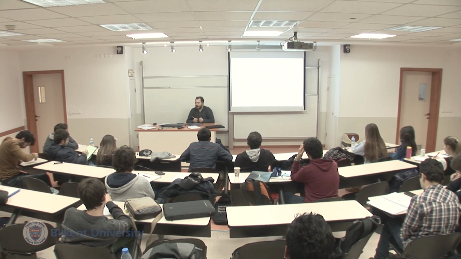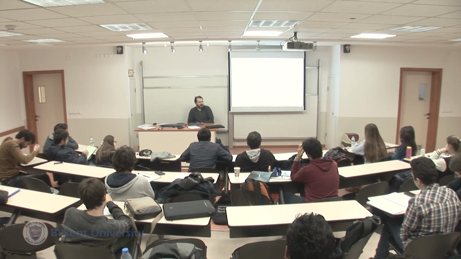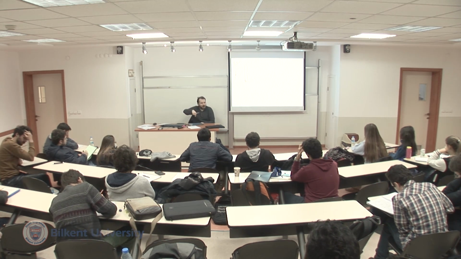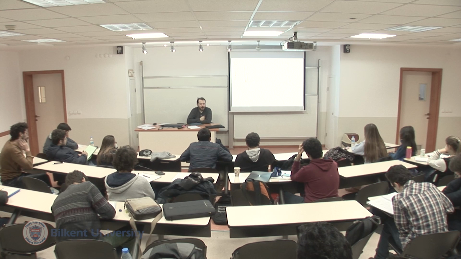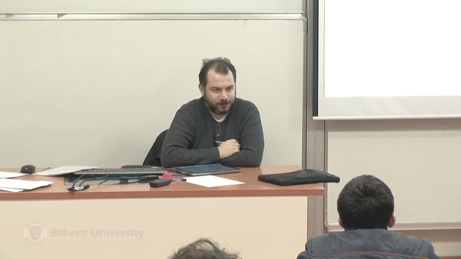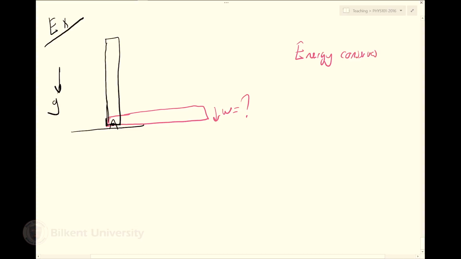Obviously not conserved, because there is the pivot point which is giving some forces, which is not only canceling mg, but it's also canceling the lateral motion, right? So the only thing I actually have to do is energy conservation.